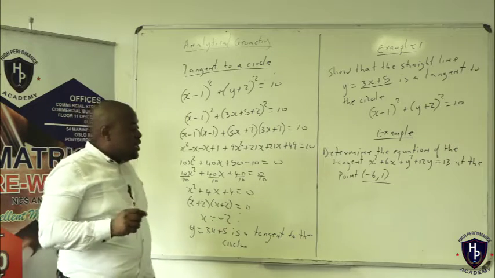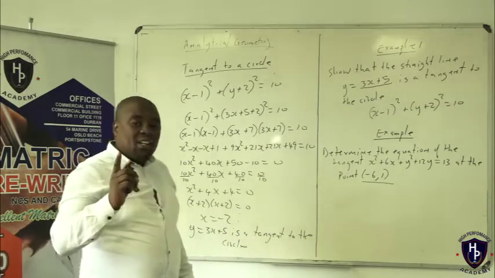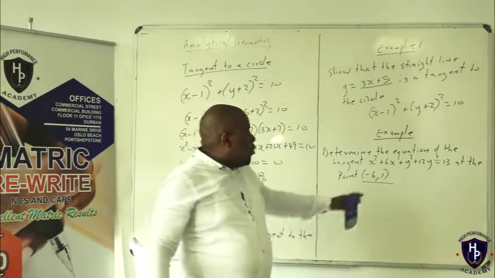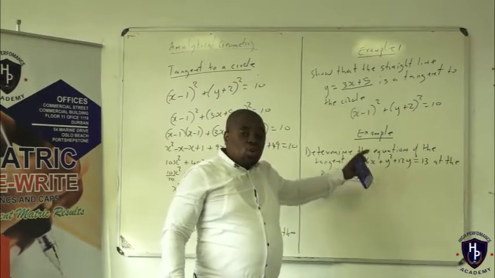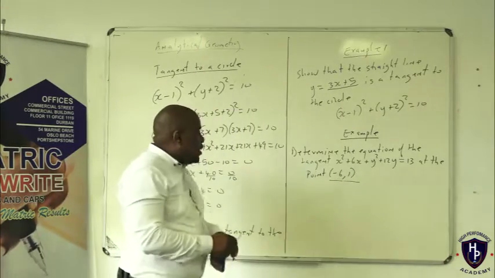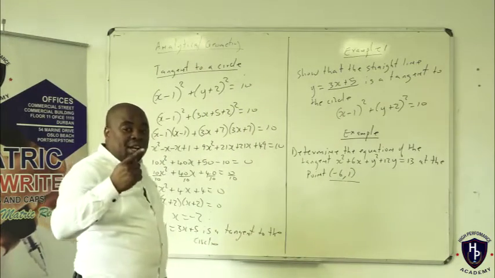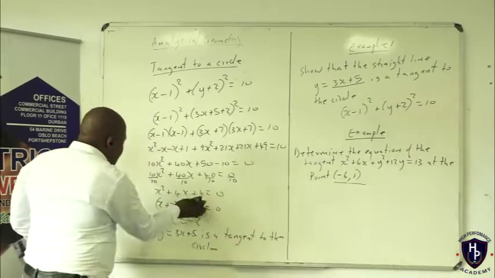Now, let's try to find the gradient of the radius. To find it, we must complete the square and calculate the coordinates of the center. You use the coordinates of the center as well as this point to calculate the gradient of the radius. From the gradient of the radius, we find the gradient of the tangent, then the equation of the tangent.